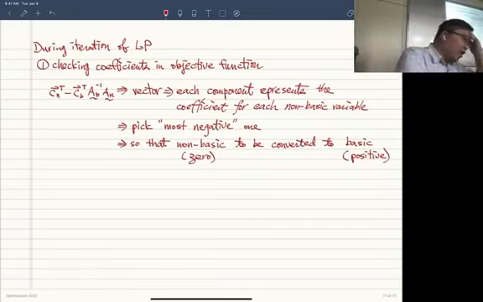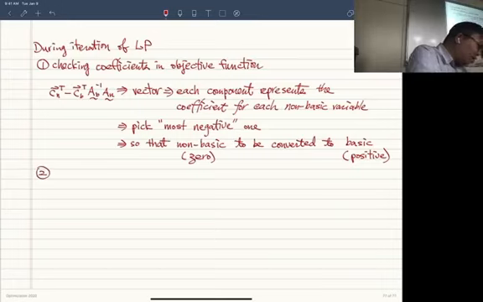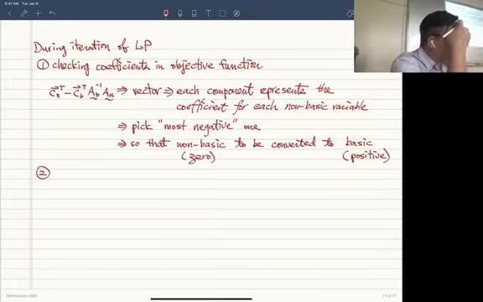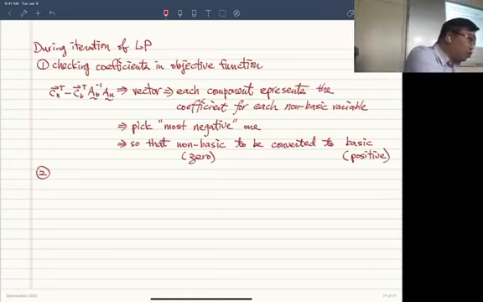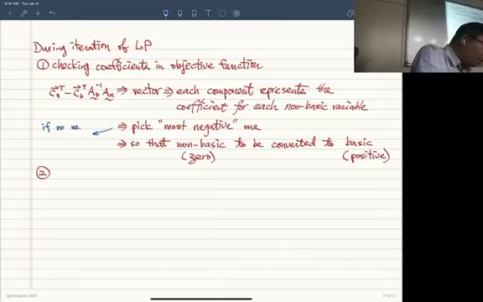And of course, if we cannot find any negative coefficients, that means we converged. So if no negative coefficient, that means converged.